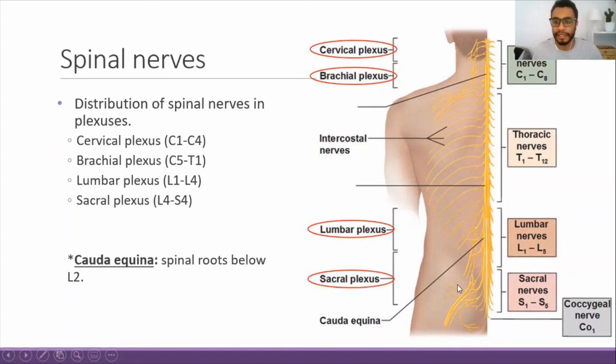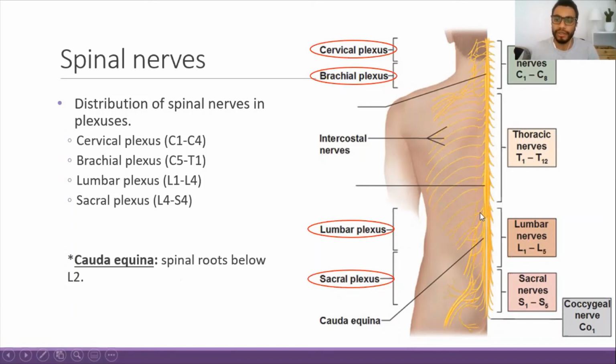And the same applies to this little nerve here, which is the coccygeal nerve. The coccygeal nerve is not part of a plexus. It's a single pair of nerves, which is the last one here. And anatomically, we also have the cauda equina, which is this final branch of the spinal nerves, the spinal roots below L2.